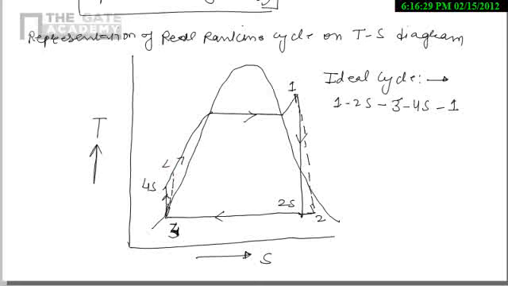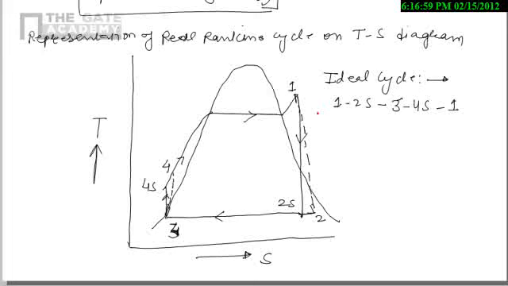From 3 to 4s there is no change in entropy, but from 3 to 4 entropy is increasing. It means the entropy of the universe will always increase. It's a realistic case. Similarly, from 1 to 2s there is no change in entropy, but from 1 to 2 the entropy is increasing, which is a more realistic case.